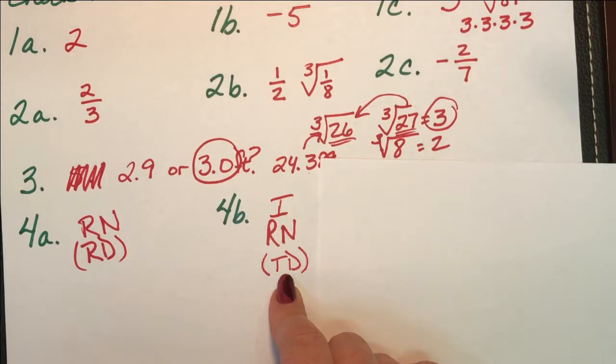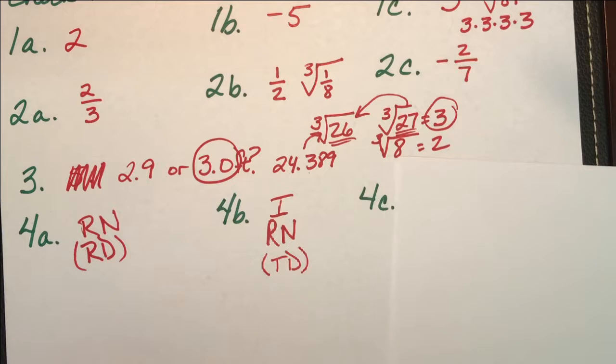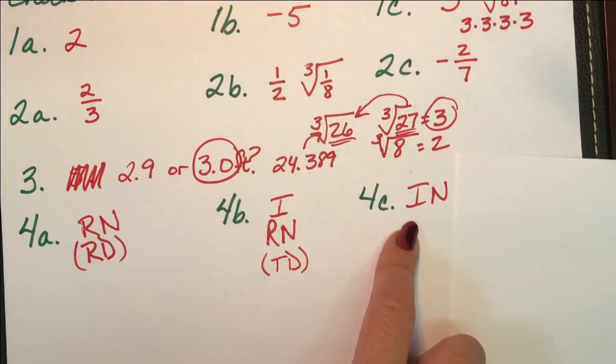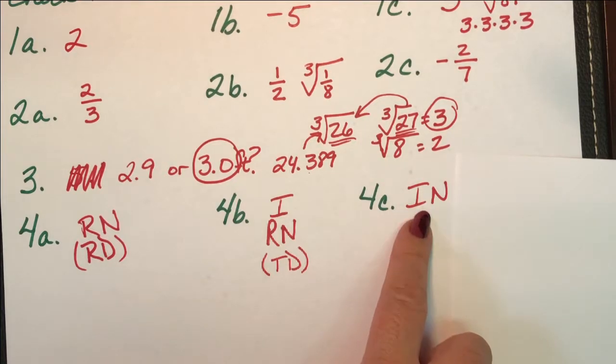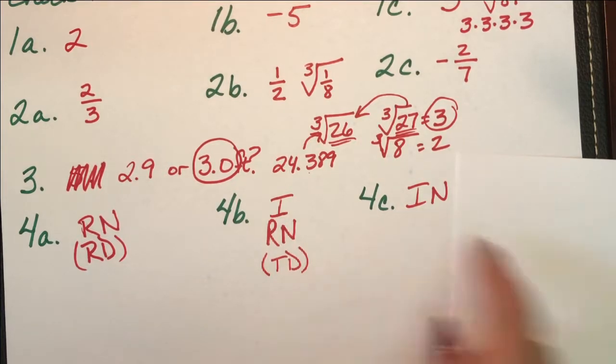There are no decimal points after that -12, so it terminates. 4c is square root of 10. Square root of 10 is a decimal that does not repeat and it does not terminate. That makes it an irrational number.